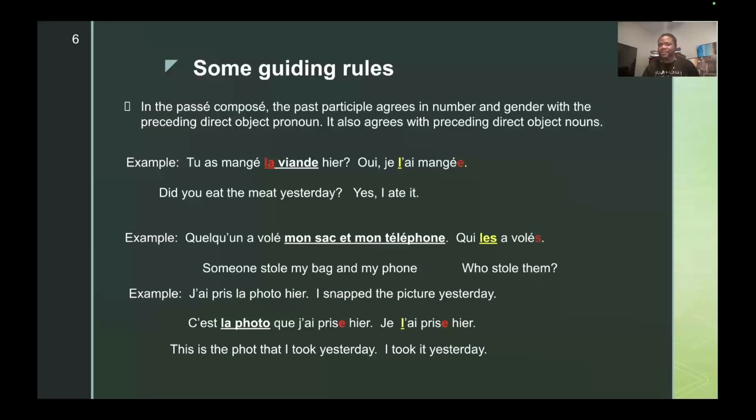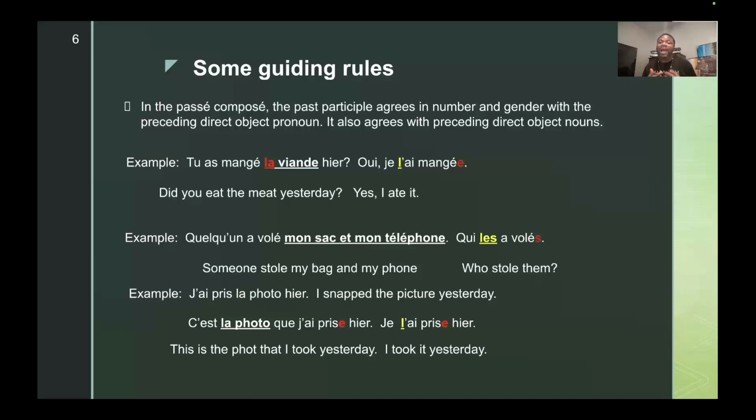So we are not going there. Normally, the rules in passé composé say there is no agreement when you use avoir. The past participle doesn't agree.